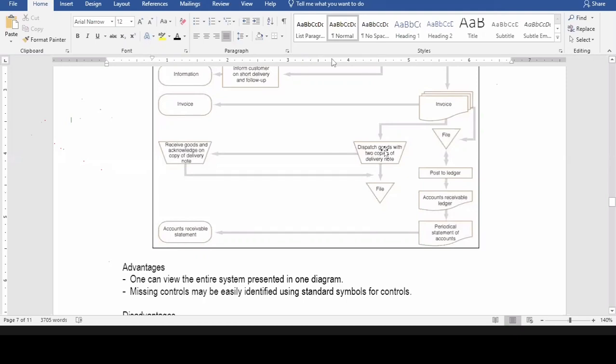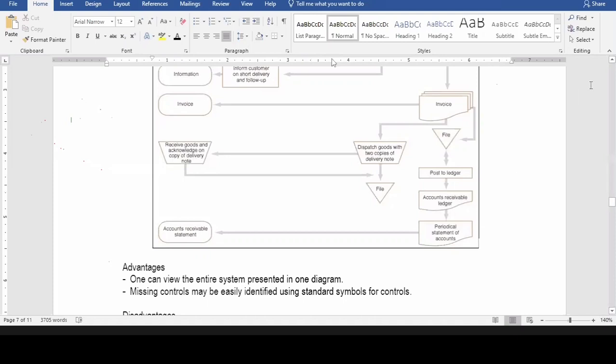So there is already a problem within here, but some systems operate like this. But normally it is dispatched before invoicing. Now this one should come before invoicing. But this system is also in some entities.